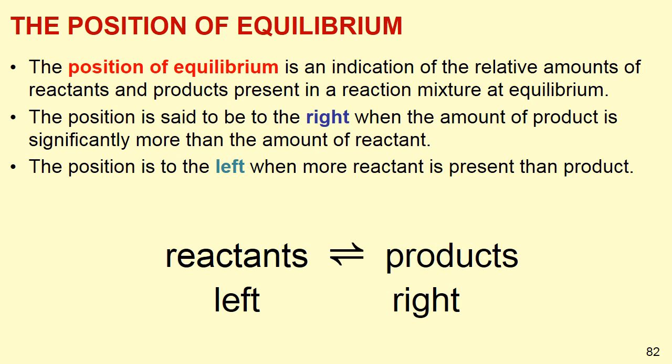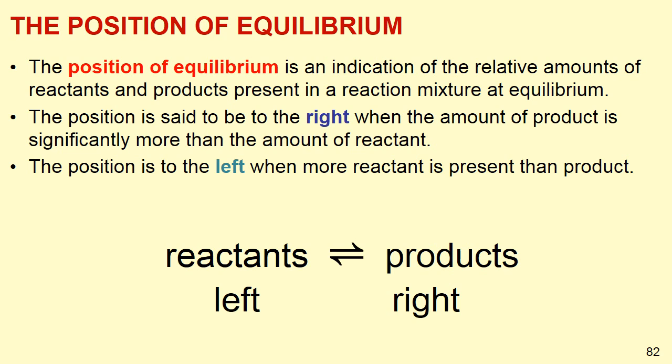Okay, so depending on the reaction, the equilibrium can lie to the right or lie to the left. So what does that mean? The position of the equilibrium is an indication of whether products predominate or reactants.